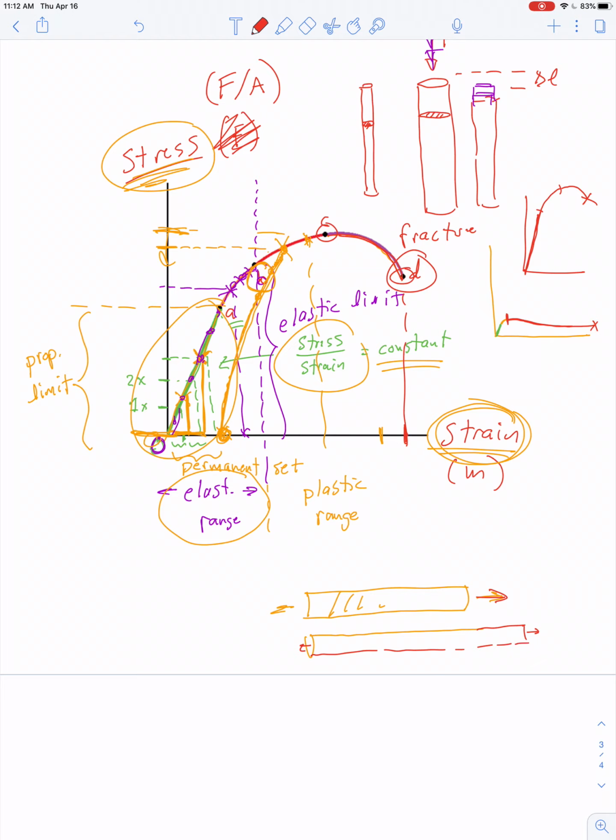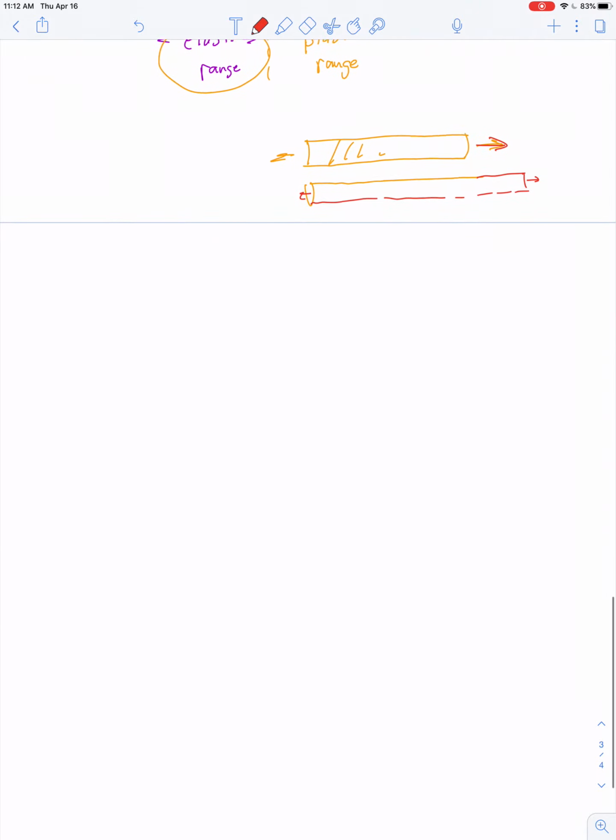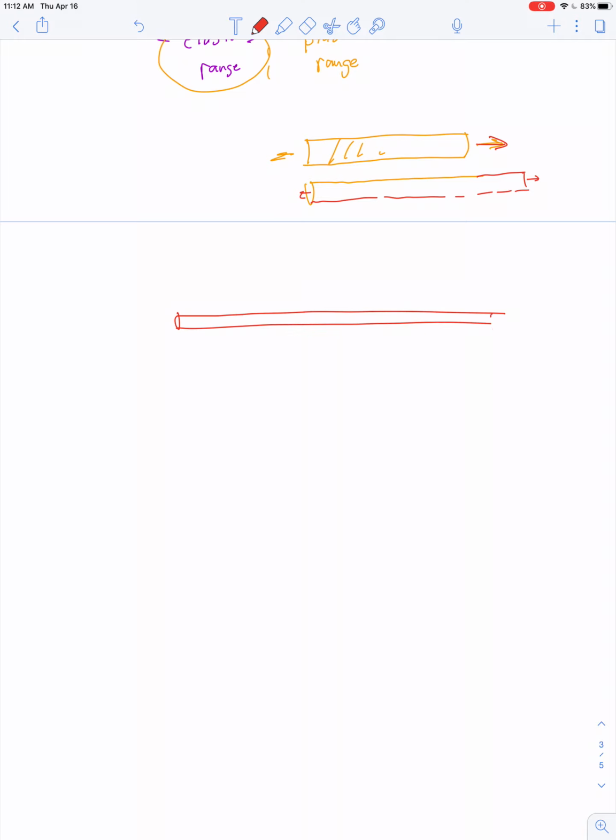So we need to study this in greater detail. We need to study some sort of formula or quantity, or give you an idea of how we can relate the stress to strain ratio for things like guitar strings and femurs, bone and steel.